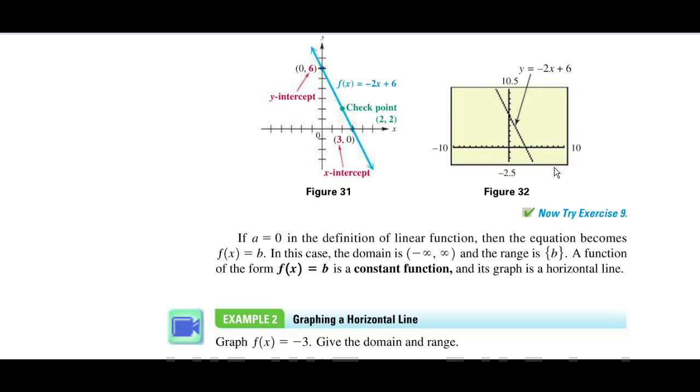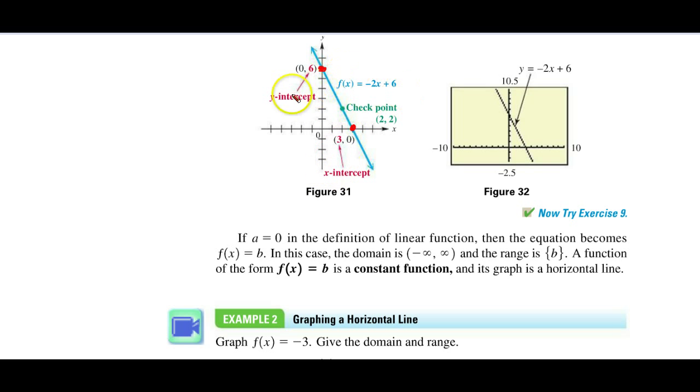Now, another thing they're showing, and I think we've mentioned this before as well, is that where this line crosses the y-axis is our y-intercept, and interestingly, it crosses the x-axis right here, and this is our x-intercept.